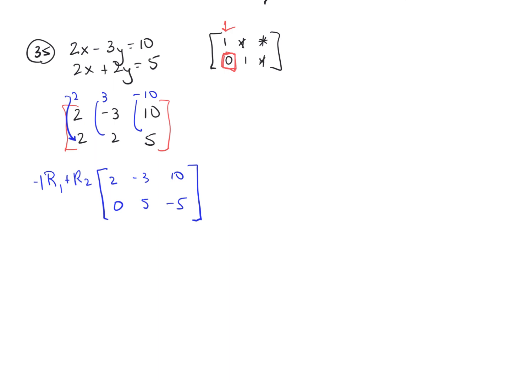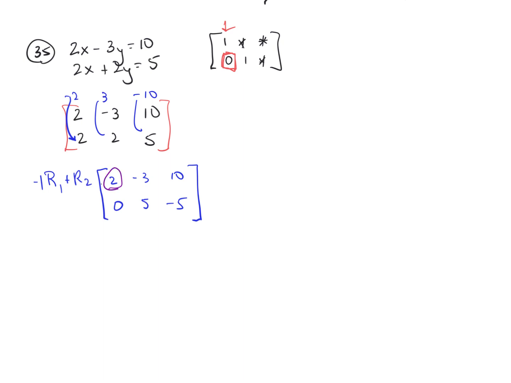Even if you wanted to, you could go get the 1 right now too. I don't usually do that because whatever you do in row 1 could affect your other row. Actually, I'm not going to do that. Okay, so let's take care of row 1. I need a 1 in this top left corner.